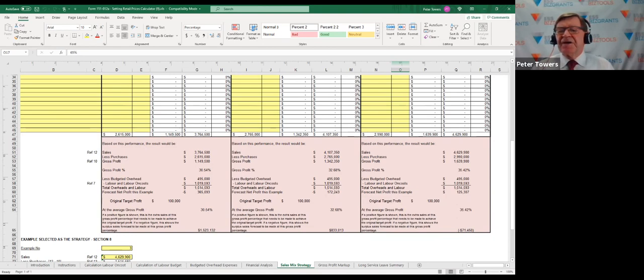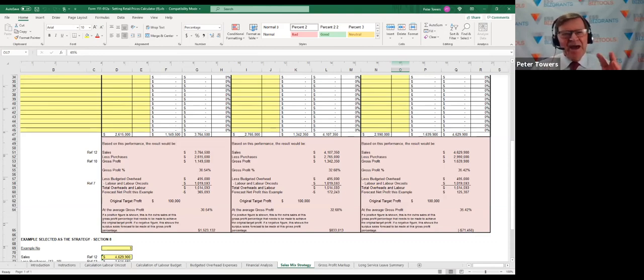And then we take off their budgeted overhead costs of 495 and the labor on-costs of 1,019,000. One of the troubles with Excel, the minus signs are very small, aren't they? And we can't get brackets to come around it, but that's a minus figure of $365,000. So that's where we are at present. No wonder they're talking to you.